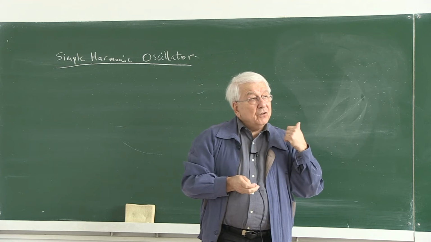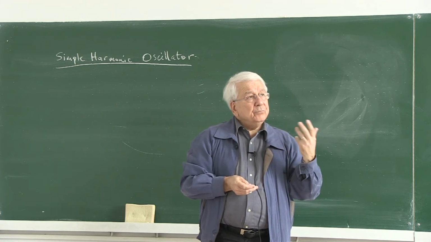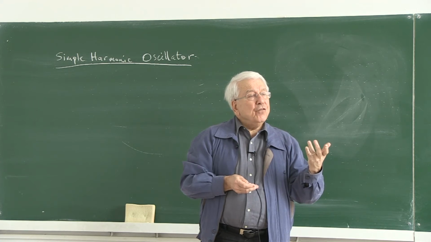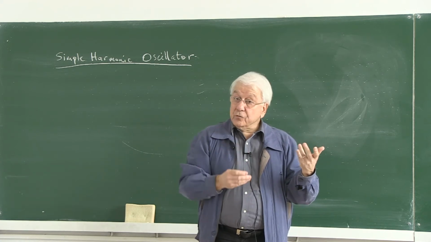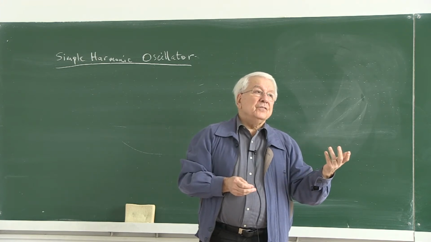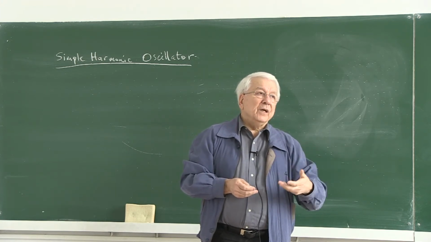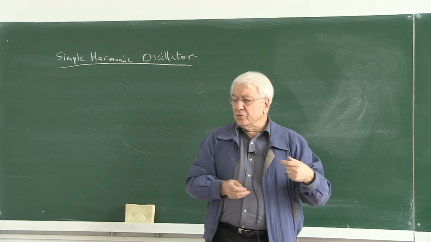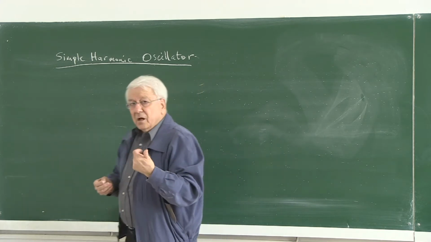And remember, at that level, we have seen that x of t and p of t came out to be an oscillating operator function, of course, of time. It has terms like cosine omega t, sine omega t, times x at 0, p at 0. So you say that's nice.